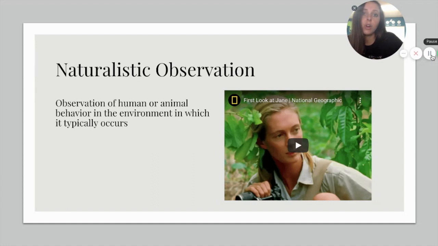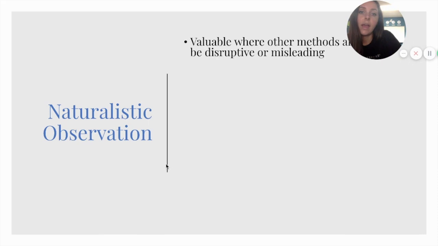Jane Goodall, if you know a little bit about her, is a perfect example of naturalistic observation when she went and lived and watched gorillas for a long period of time and gained a lot of information from that. So it's a really good research method.